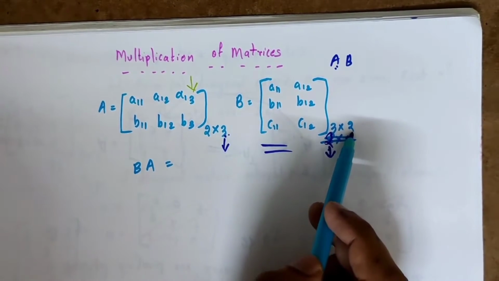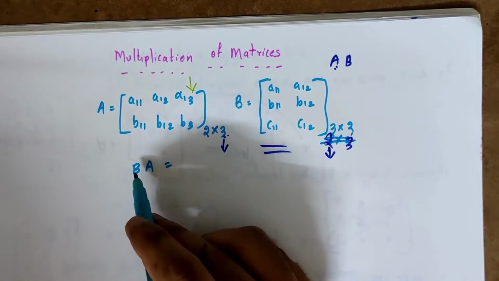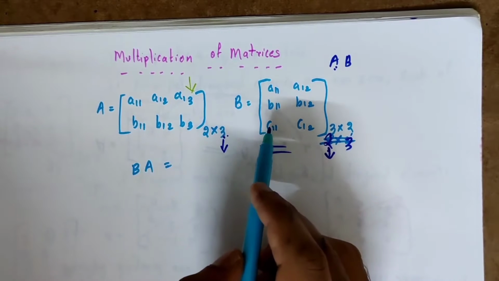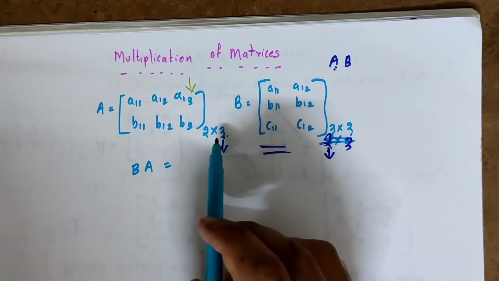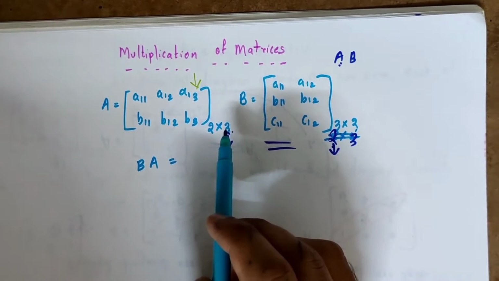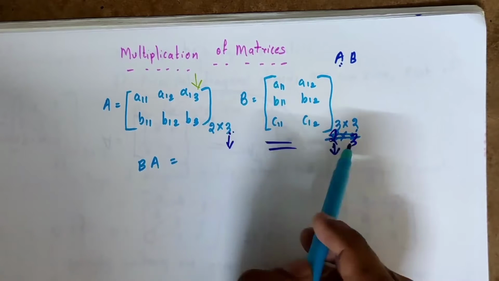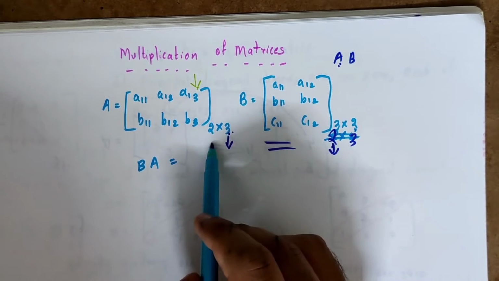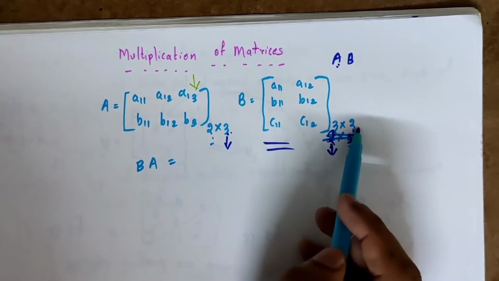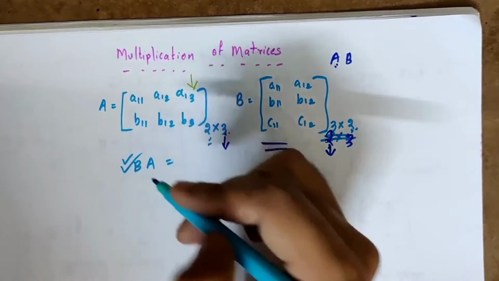Because the multiplication is BA, so the first matrix will be B, and the number of columns in B is 2 and the number of rows in A, hey, I guess it is possible, the number of columns is 2 and the number of rows is 2. Yes, the number of columns is equal to the number of rows, hence BA is also possible.